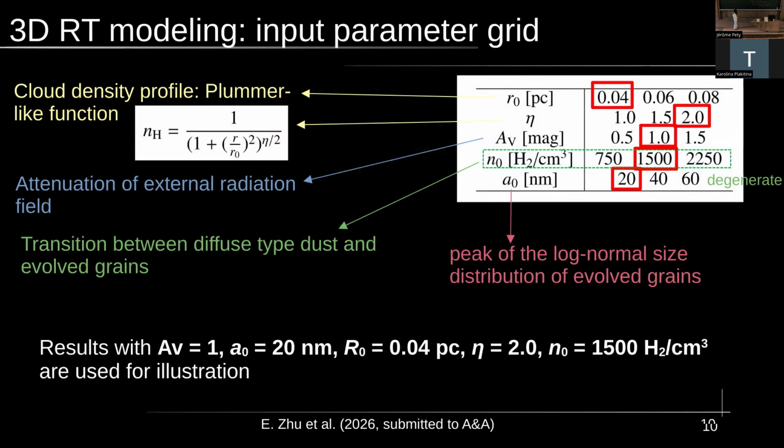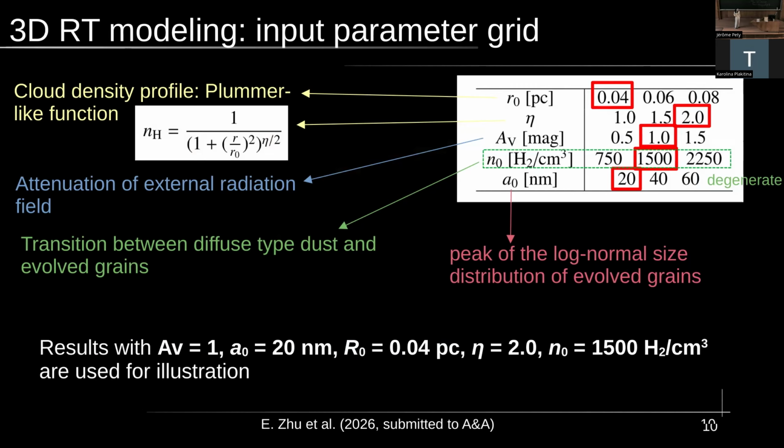N0 describes where the transition between diffuse type dust and evolved grains happens. And finally, A0 is the peak of the log normal size distribution of evolved grains. And this parameter mainly regulates the kappa of evolved grains.